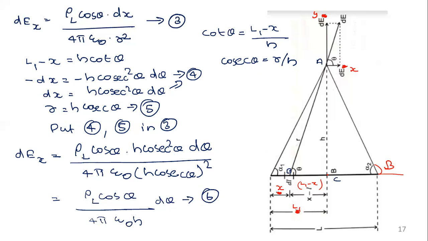We got the electric field intensity along the x direction due to a line charge dx. This dx only. So what we should do? We have the electric field due to a length dx; for the total length, integrate from alpha 1 to beta 1.